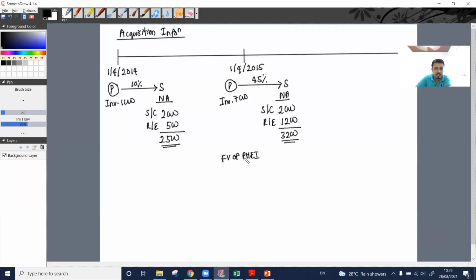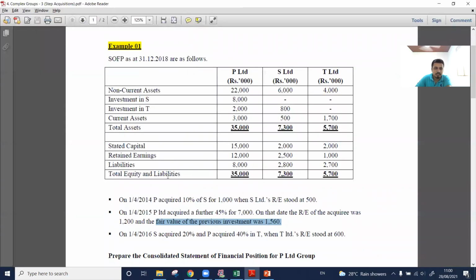It means this is the cost. Now the fair value of this 1,000 is what? That is 1,560. Those are coming under second bullet point.